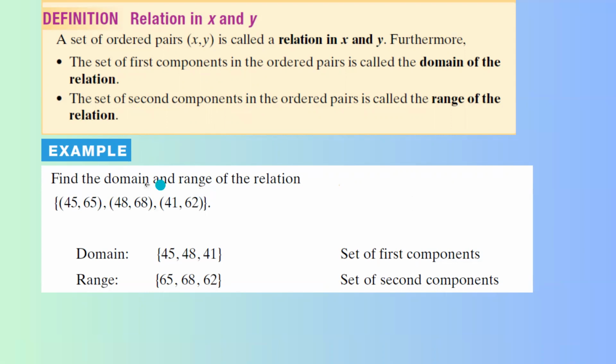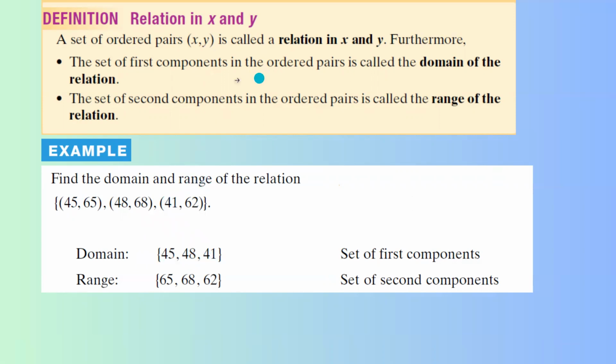For example, this relation has 3 points. X is 45, y is 65. X is 48, y is 68. X is 41, y is 62. Following the definition of domain, which is the set of first components, all x values, you have 45, 48, and 41 in the domain.